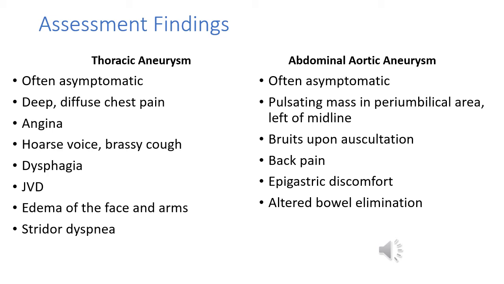Both of them are often asymptomatic, but findings specific to a thoracic aneurysm involve deep diffuse chest pain that may extend to the scapular area, angina caused by a decreased blood flow to the coronary arteries, a hoarse voice and a brassy cough, which is due to pressure on the larynx from the weight of the aneurysm, dysphagia, difficulty swallowing, and that's due to pressure on the esophagus.